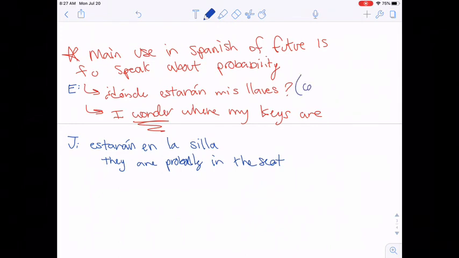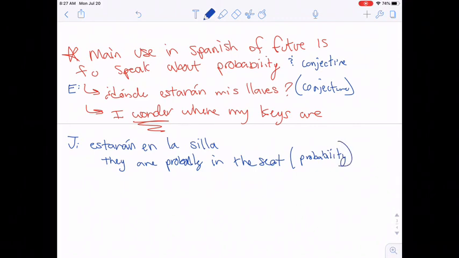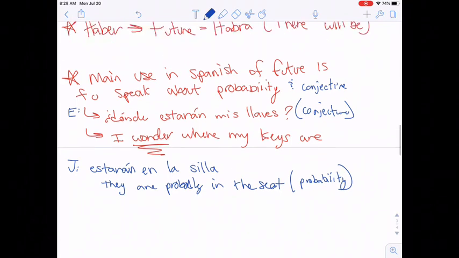This is conjecture. Like wonder. With a probability. So they're both used in the future tense, but they're both saying different things. One is saying, I wonder where they are, and one is saying they're probably in the seat. Okay? So that's just one of the main uses of the future tense for Spanish.